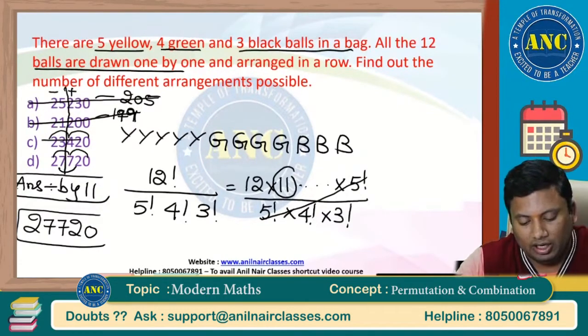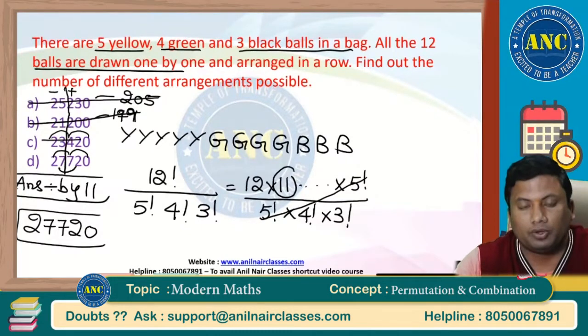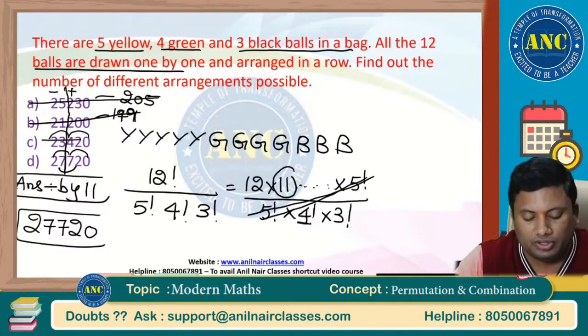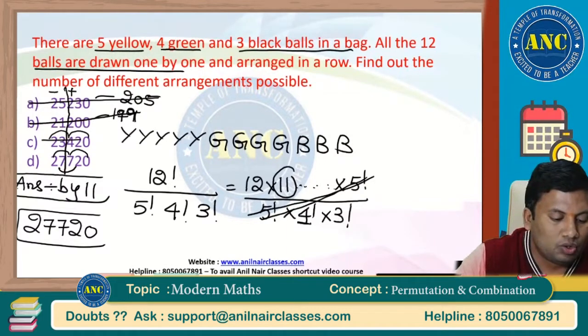12 factorial is 12 into 11 and so on up to 5 factorial. These terms will be cancelled by the other composite numbers, leaving a multiple of 11. The answer should be divisible by 11.